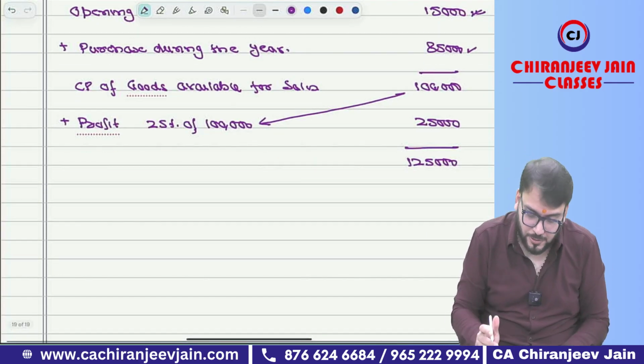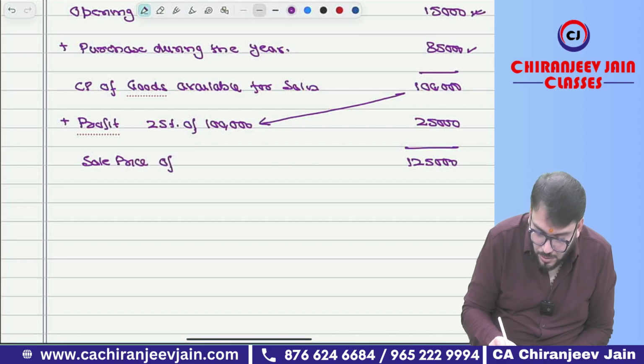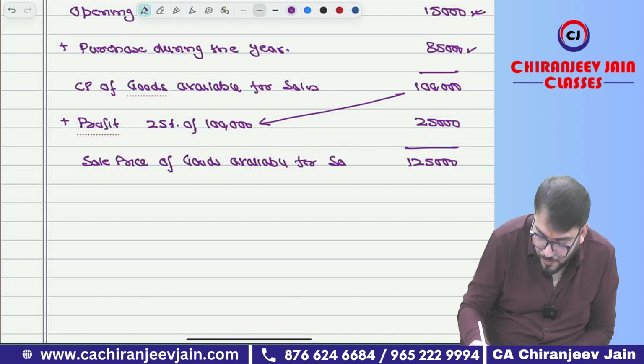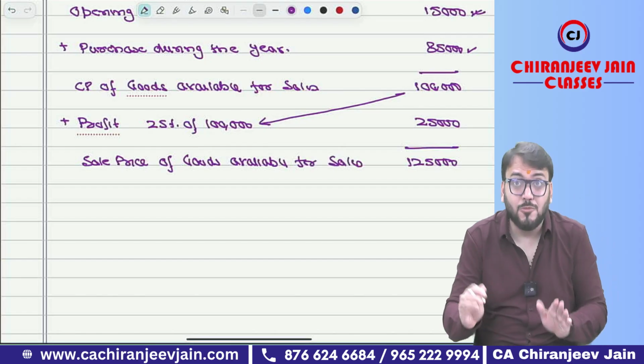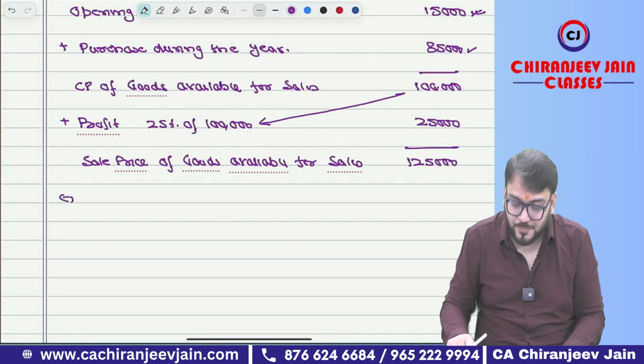Are you able to understand? This is the sale price of goods available for sale. Now from these, how much have you sold?